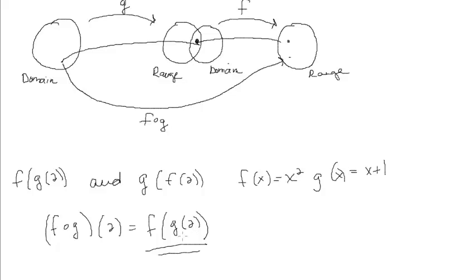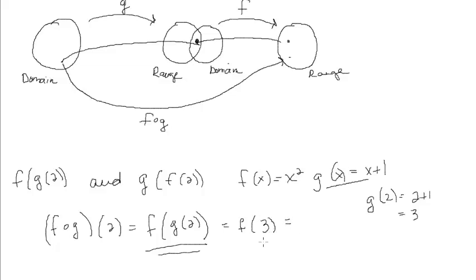So the first thing I need to do is get a value for g of 2. So what is g of 2? That means I replace x with 2 in the g function. So here's my g function. If I replace x with 2, that's 2 plus 1. So g of 2 is equal to 3. So now, instead of looking at this as f of g of 2, I'm going to find f of 3, since we know that g of 2 is equal to 3.